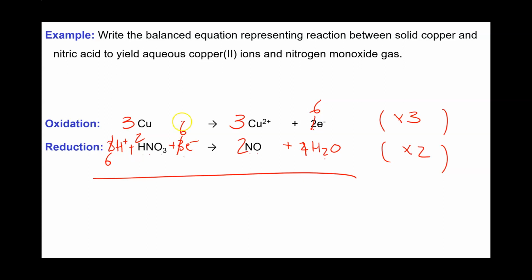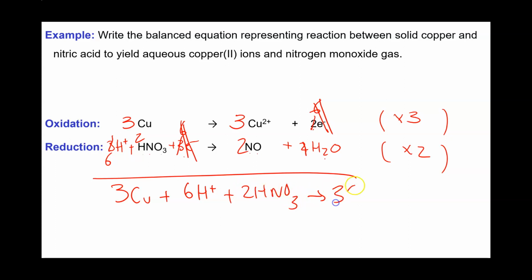The first thing I always want to check is that my electrons cancel. So my 6 electrons do cancel. Okay, so I've got 3 coppers plus 6 hydrogen ions plus 2 nitric acids gives me 3 copper 2 pluses plus 2 NOs plus 4 H2O. So if I check everything now, coppers, I've got 3 on the left, 3 on the right.